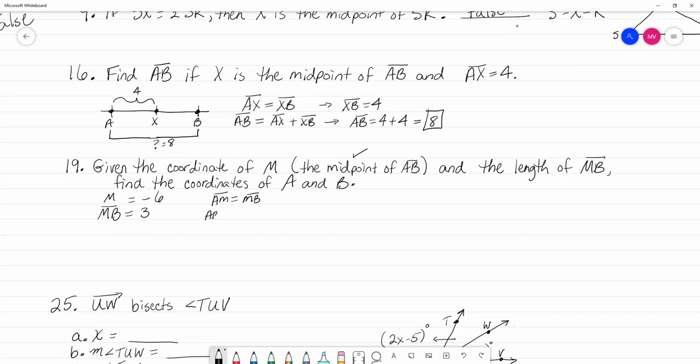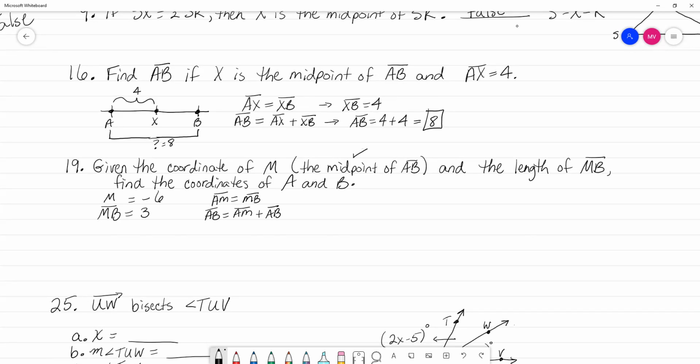Also, AB is equal to the smaller segments, AM plus MB. See the diagram above, but replace the X with the M. Then you can use that, plus what they've given, the midpoint and one of the lengths, to find the coordinates of the two endpoints.